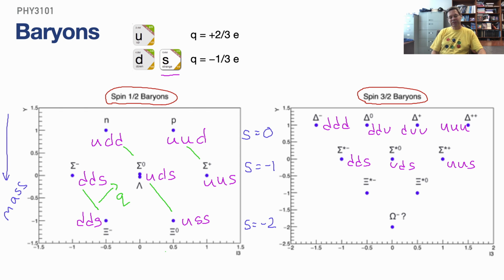Those are the only combinations where I have just one strange quark in strangeness -1. Now, the next row is strangeness -2. So I need 2 strange quarks for 2 units of strangeness, but that's it. So I can have 2 strange quarks with either an up or a down quark, right? So if I do the down quark, I'm going to have d, s, s, and that'll be a charge of -1. Or I could add the up quark and add s, s, and that'll be neutral, right?